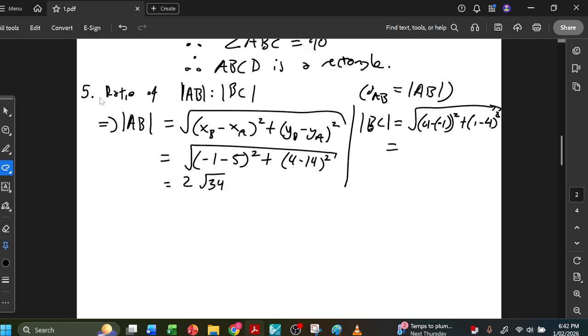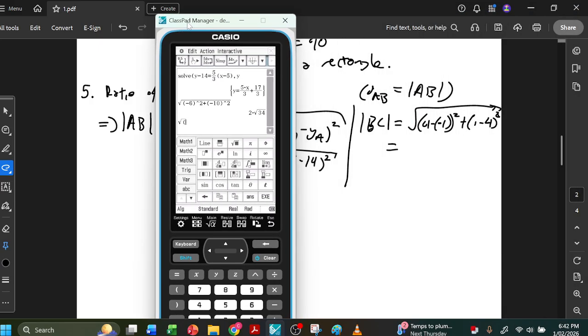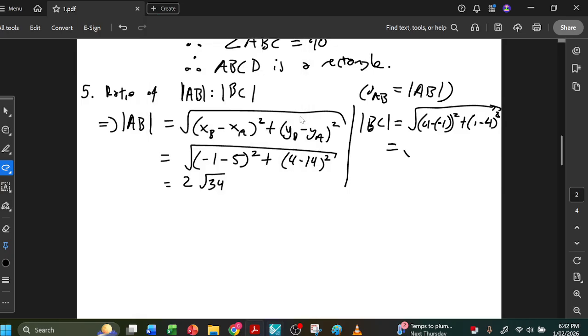Let's go ahead and substitute that in. That is 5 squared plus 3 squared. That comes out as root 34.